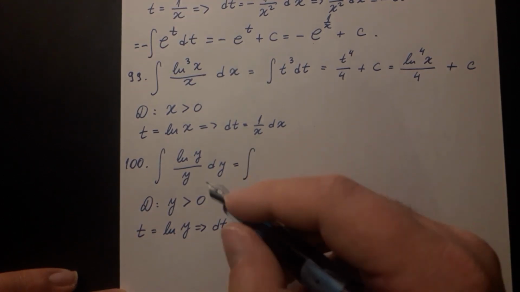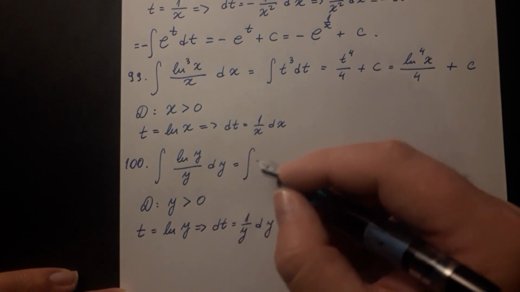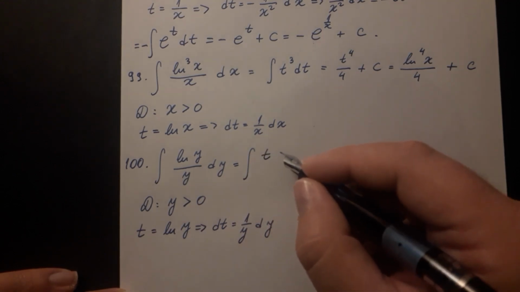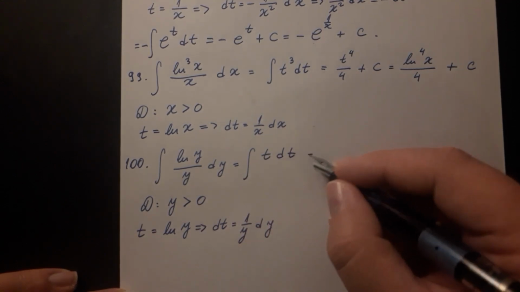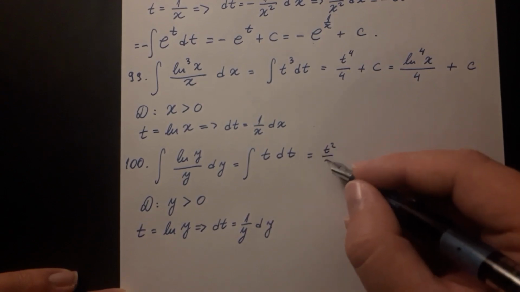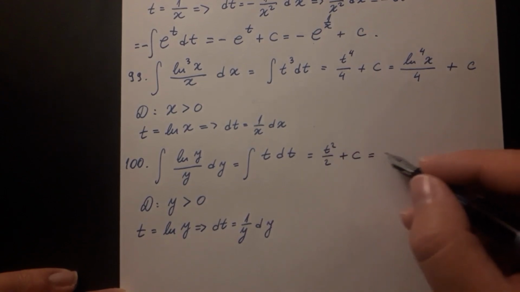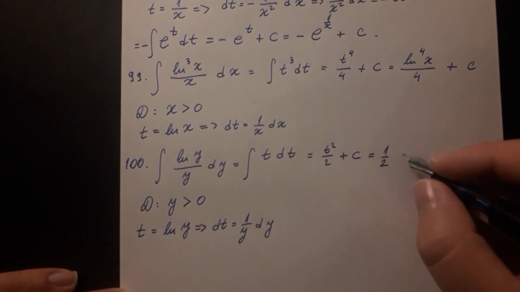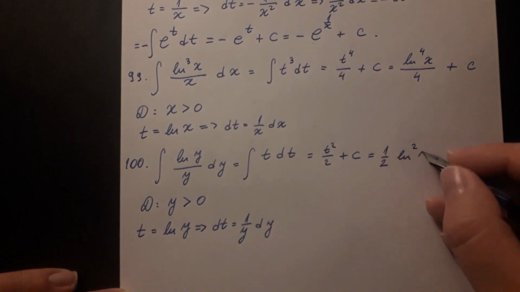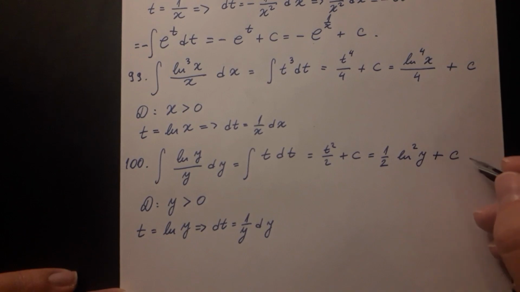The integral is then transformed into an integral of t differential of t, which is equal to t squared divided by 2 plus c, and that is 1/2 of the ln squared of y plus c.